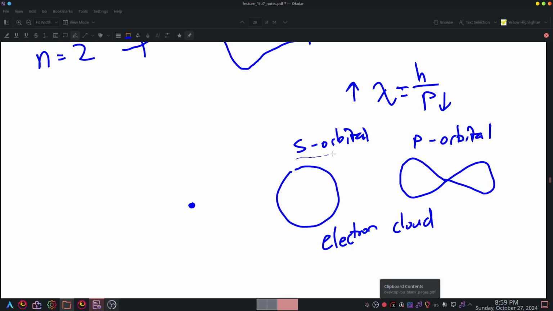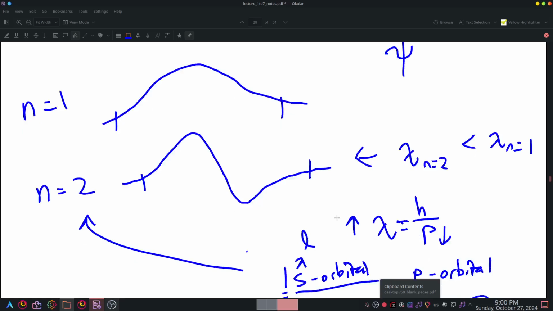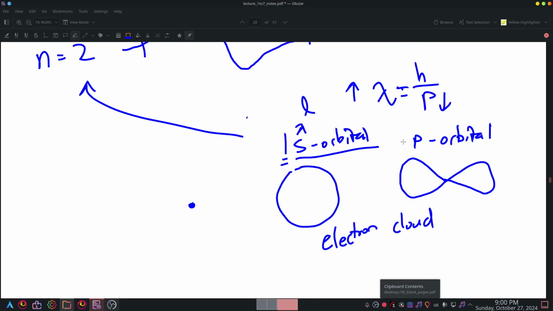So this s orbital has a low n number, maybe a 1s. This one is the n right here. S will correlate more to the orbital magnetic moment. This is the L number. At n equals 1, there's only this way it can vibrate. L equals 0 right here.